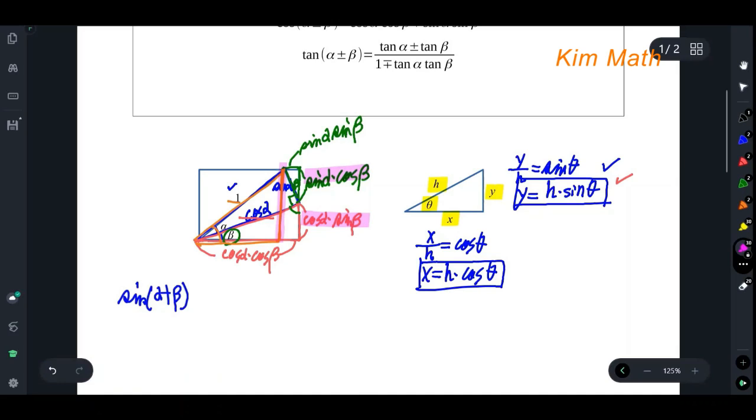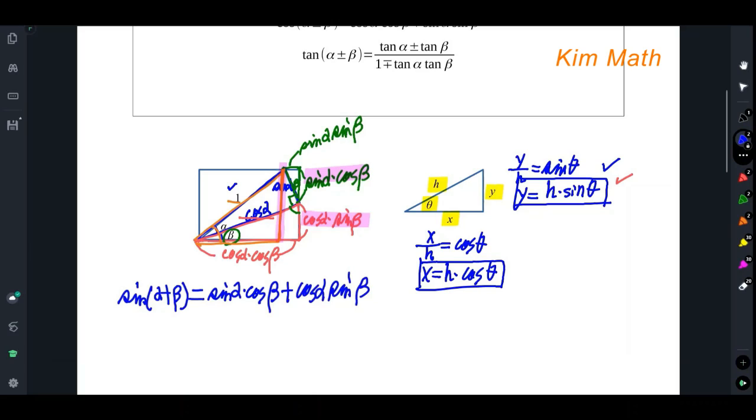Definitely the sum of these two values will be the opposite of the triangle. So I hope you can write the sum of these two things: sine alpha times cosine beta plus cosine alpha sine beta. Okay, this is our first sum identity. In this case, only sum.